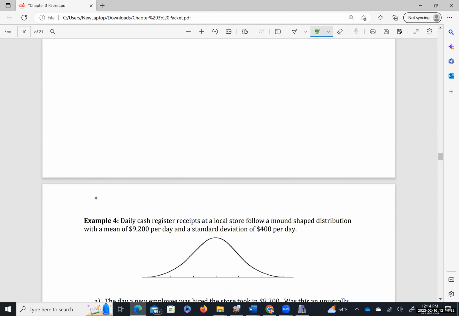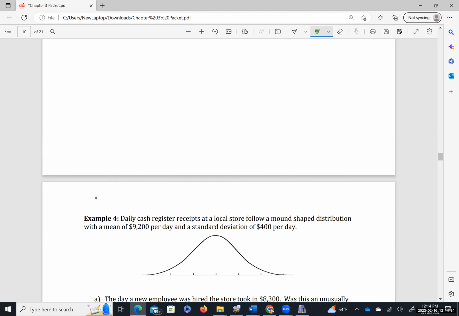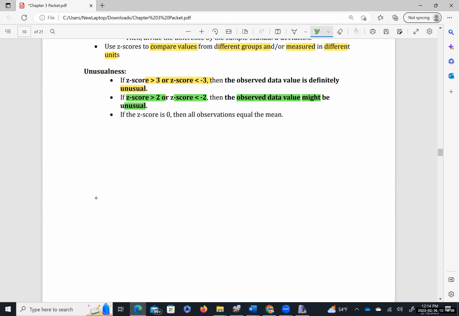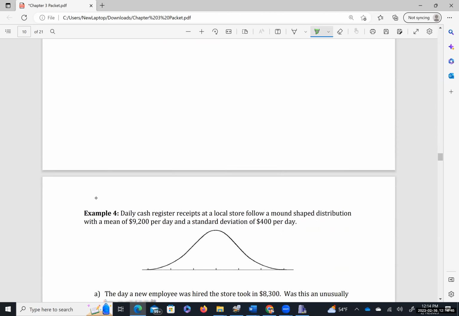So I'm going to move to the examples down here.